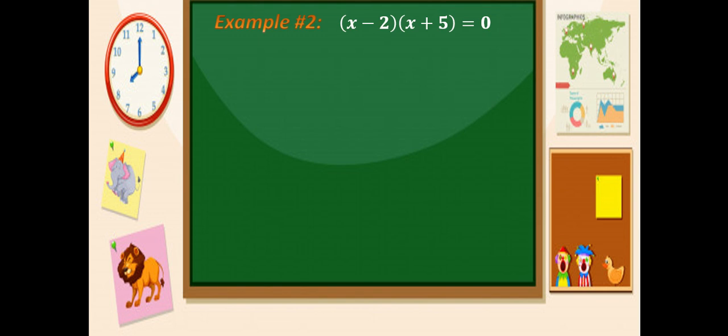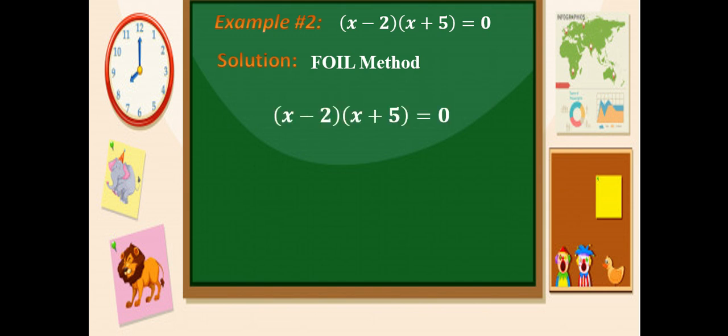Example number 2. Okay? The quantity of x minus 5 times the quantity of x plus 5 equals 0. Okay? So, gagamit lang tayo dito, class, ng tinatawag na FOIL method. Or we have the first term, outer term, inner term, and last term. Okay?